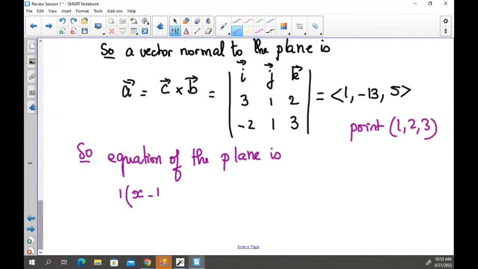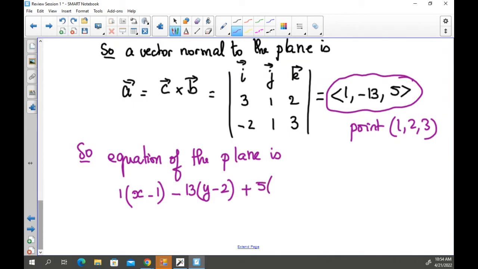So it's going to be 1 times (x minus 1). And then what else? Not 2, y minus 2. Look at the vector: minus 13 times (y minus 2), and then plus 5 times (z minus 3) equal to 0, and that is the equation.